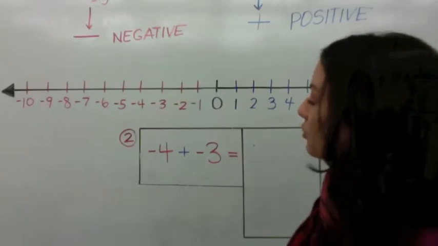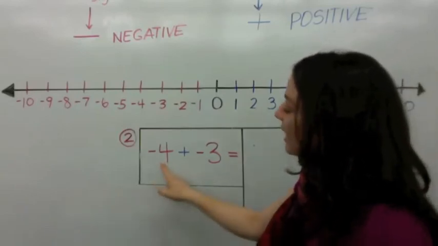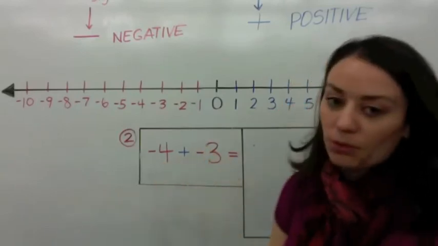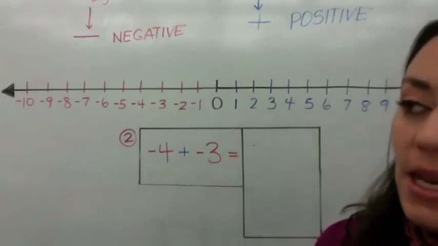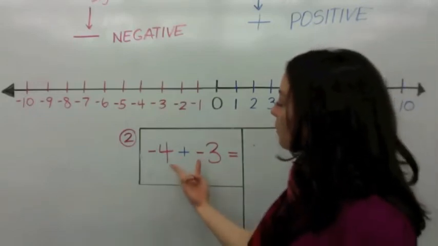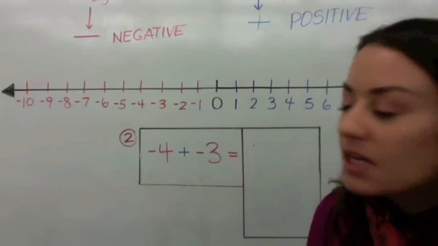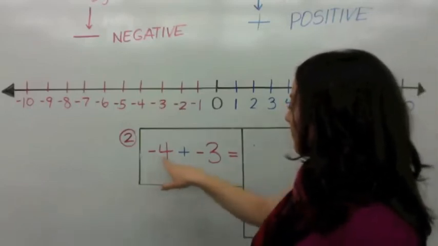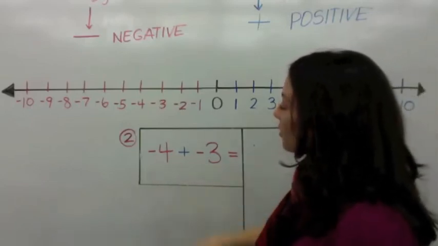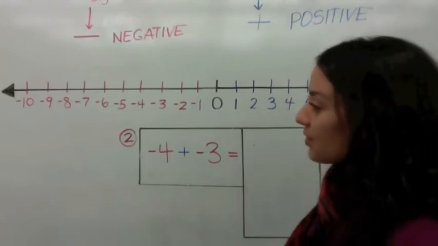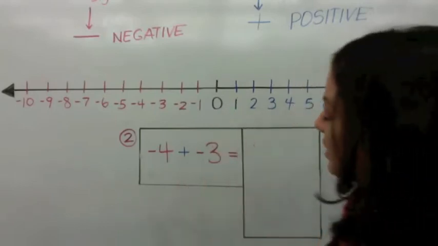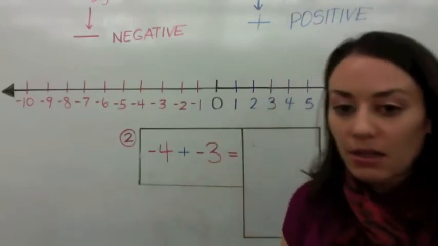Let's read number 2 together. It says, negative 4 plus negative 3. Take a look at the color of the numbers. Are they both red? Yes, because red numbers are negative. So the first thing we do is ask ourselves, do these integers have the same sign?